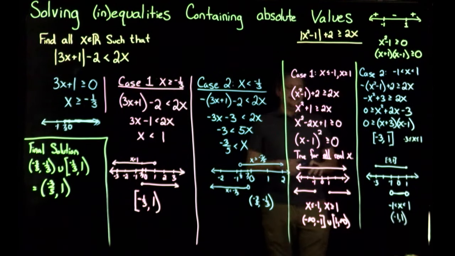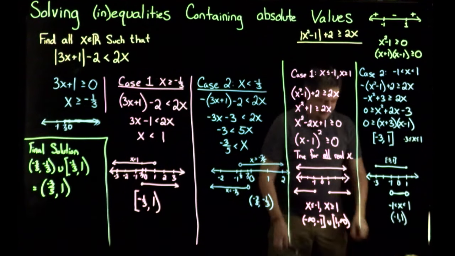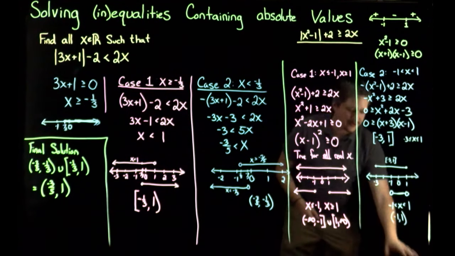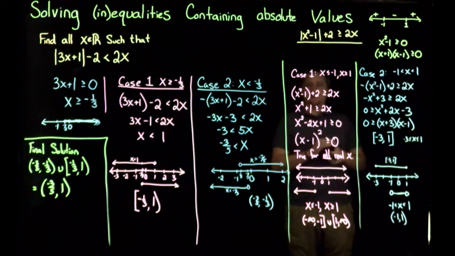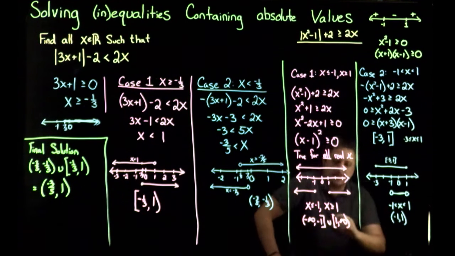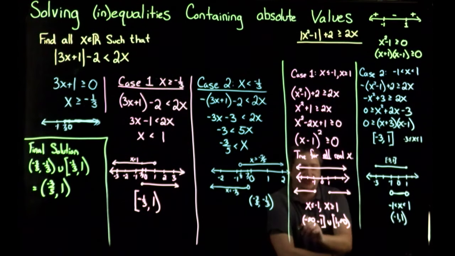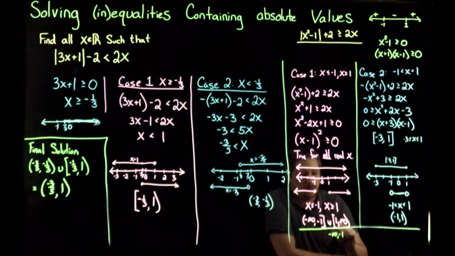And finally, sorry, I'm going to squeeze it down in the corner here. Didn't use my board space exactly perfectly. But I'm going to have this and this as my solution set, right? So I'm going to have negative infinity to -1, union 1 to infinity, union, so that was this piece, and then -1 to 1.